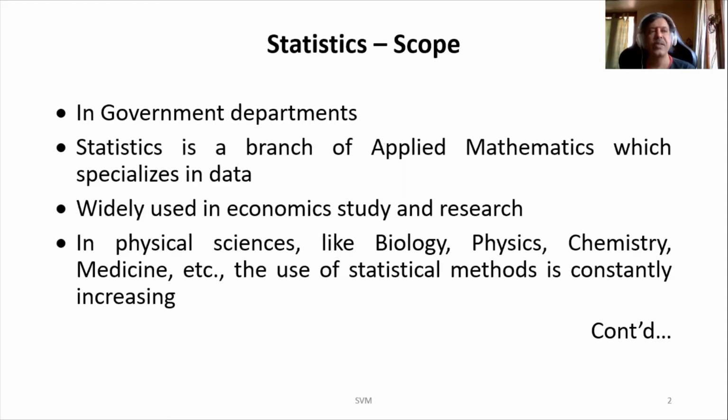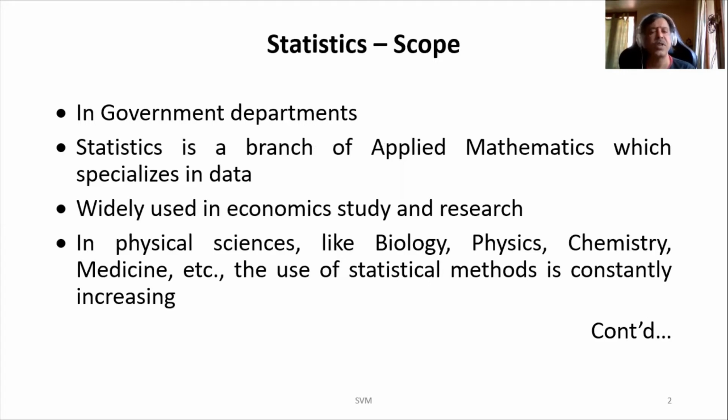Widely used in economics and research. Already we had seen in our previous video that it is used in research and it has huge applications. We had seen primary data, secondary data, what type of data collection techniques and what type of sampling techniques are there. All those things definitely use statistics.